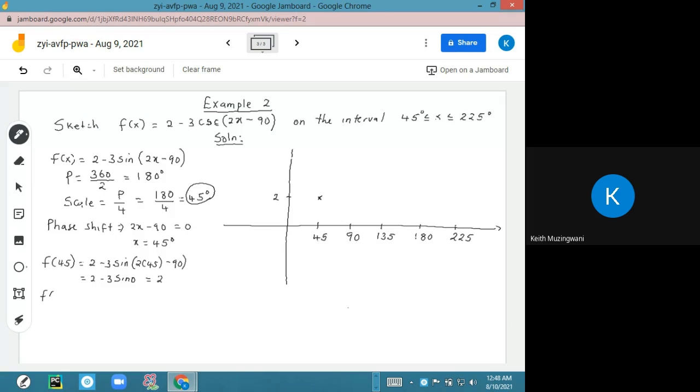Then we move to f of 90 using 2 minus 3 sine (2 by 90 minus 90). This is 2 minus 3 sine, 180 minus 90 is going to give us 90. So we get 2 minus 3 by 1, which is negative 1. So we have negative 1 against 90.